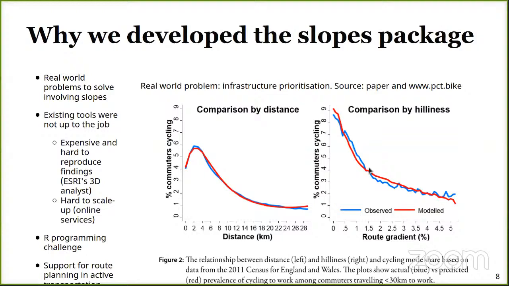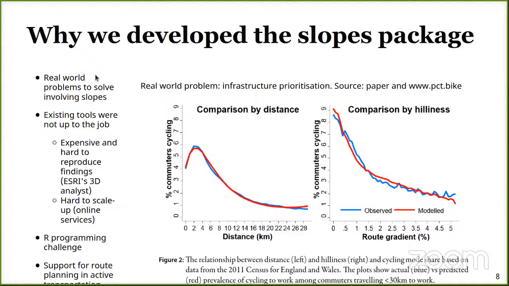But in fact, if you think about walking or cycling, it's not the average gradient, it's the steepest section. So the point there is you could have a route in which the average gradient is 1%, and it's just a constant 1% slope, which you may not even notice. Or you might have a route that is completely flat, except for the last part, which could have a gradient of 10%.